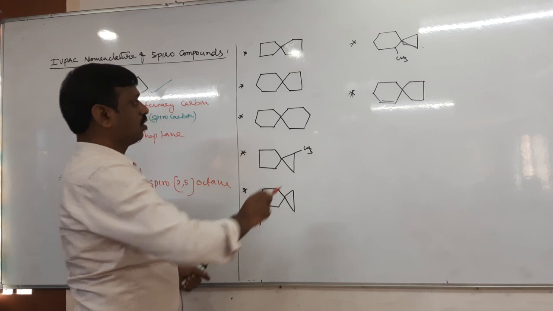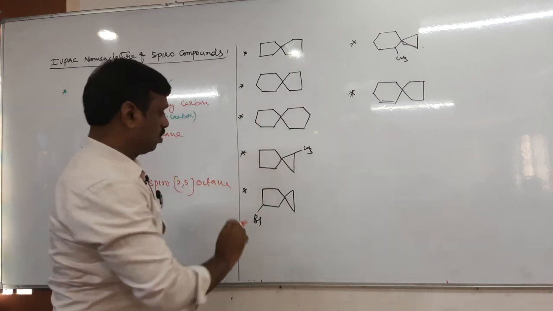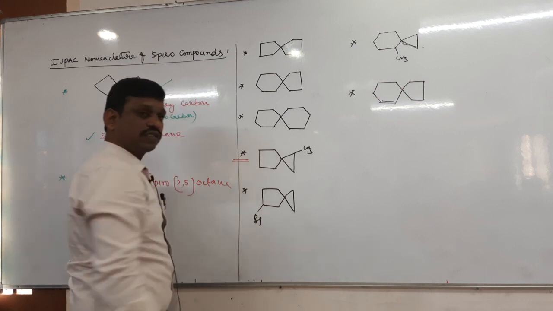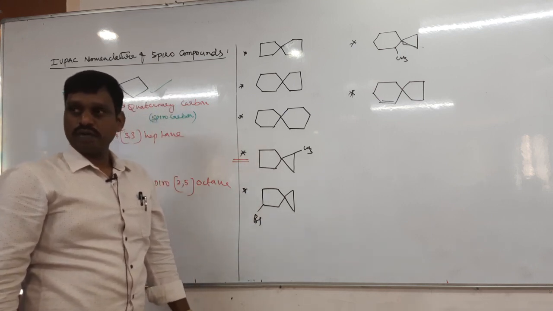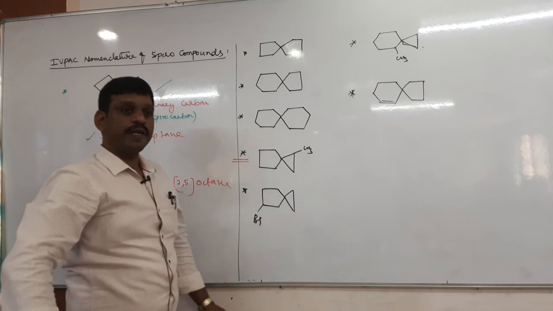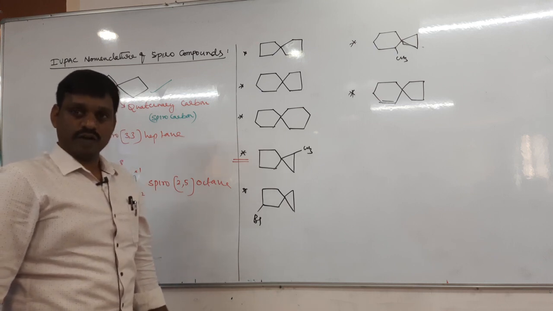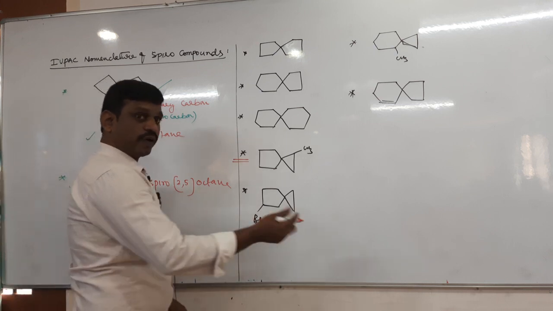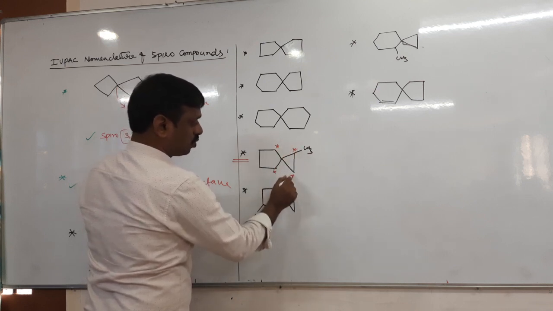Tell me, so you can write till here. This one, what is the IUPAC name of this? If there are substituents present on the spiro compound, where should numbering start? The carbon atom which is next to the spirocarbon. This is the spirocarbon; next to the spirocarbon.